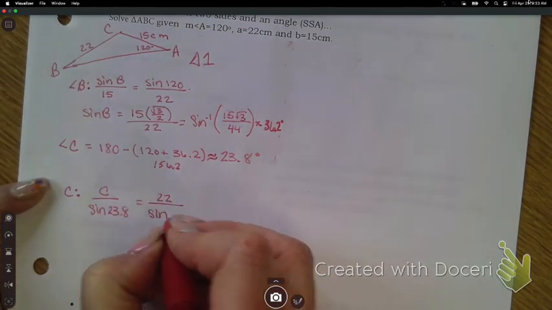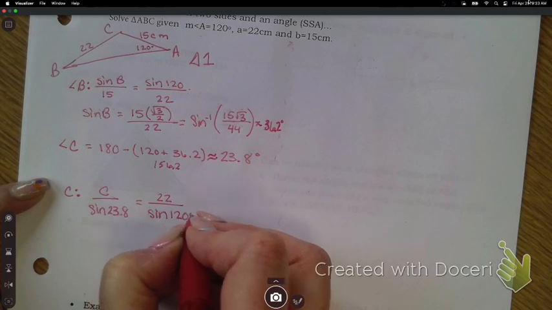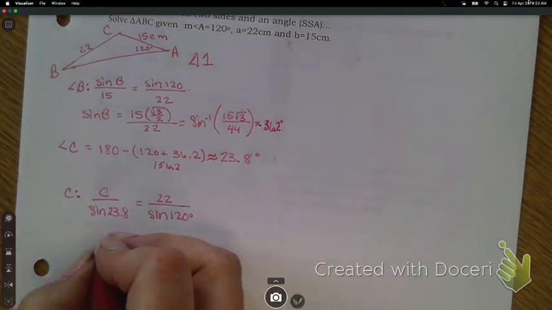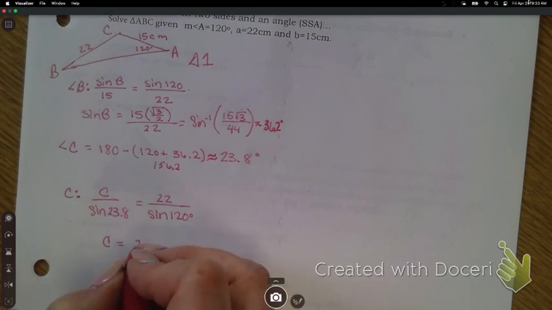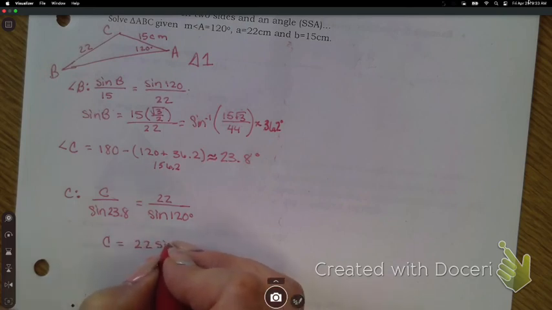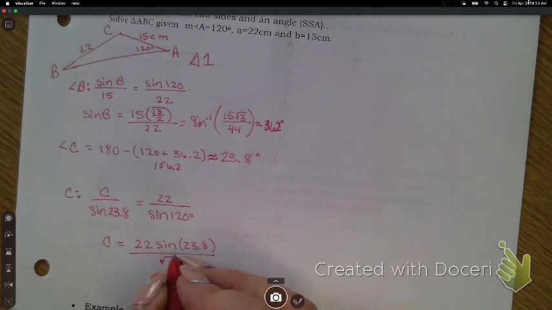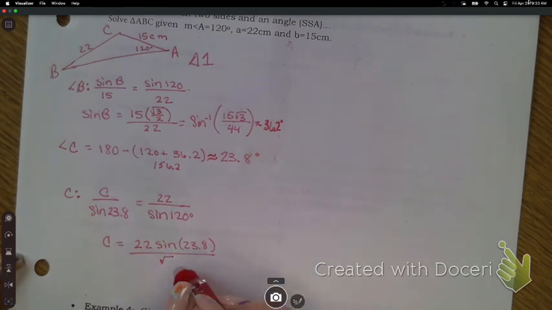So 22. Do you know the sine of 120? Should you know the sine of 120? Okay, so C equals 22 sine of 23.8 over square root of 2 over 2, right? No. Square root of 3 over 2, yes.